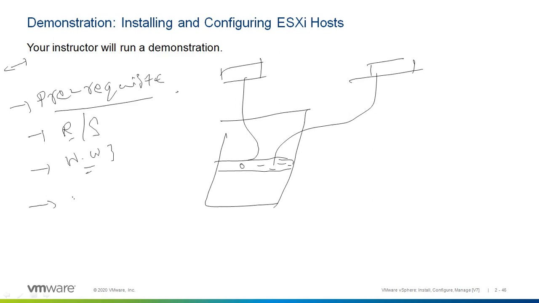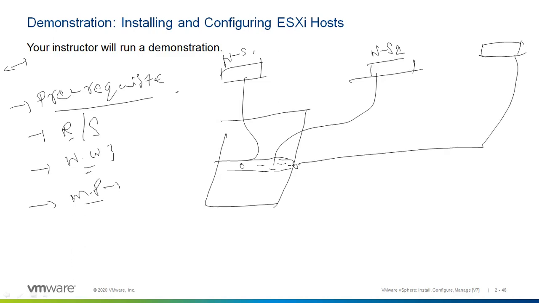Next is the management port, which is always connected to a production switch different from the network switch. So there would be a separate port. Again, I am repeating it: it's a management port, such as iDRAC or iLO, which will go to the management switch.